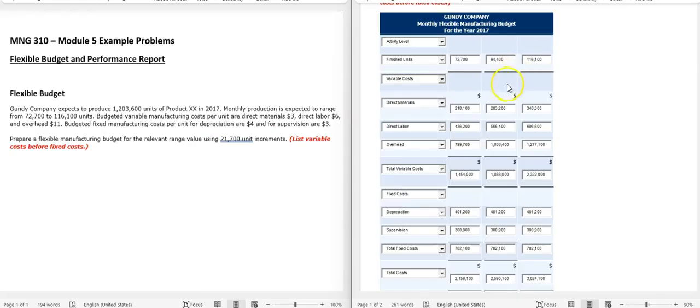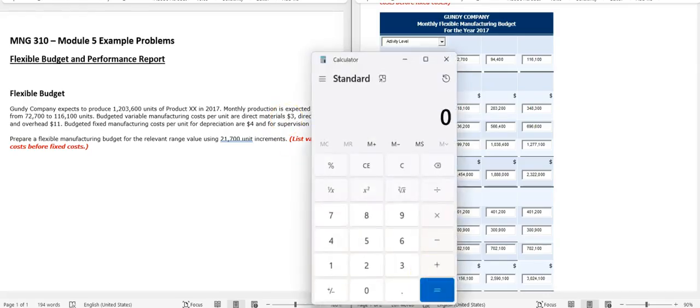Now, what this problem is having us practice is just flexing a budget. So essentially what we're doing is we're creating a budget for 3 different levels. For example, if we are budgeting for 72,700 units produced, the cost that we expect to incur at that level of production will be $3 in material costs per unit produced.